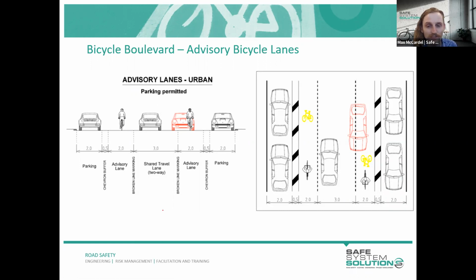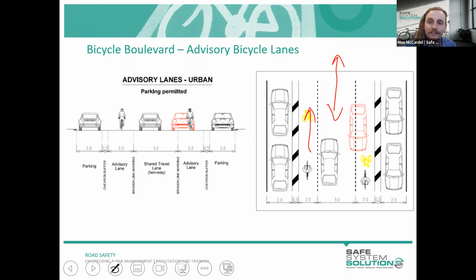The way that it works is you've got one traffic lane which is permitted to travel in both directions, and they have to kind of share that space, whereas the bicycle lane is consistently always provided that space, so they don't have to share it at any stage with vehicles.